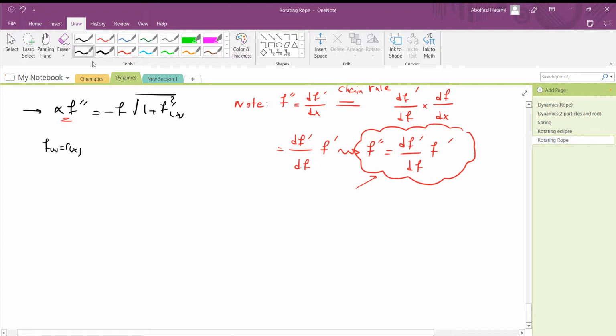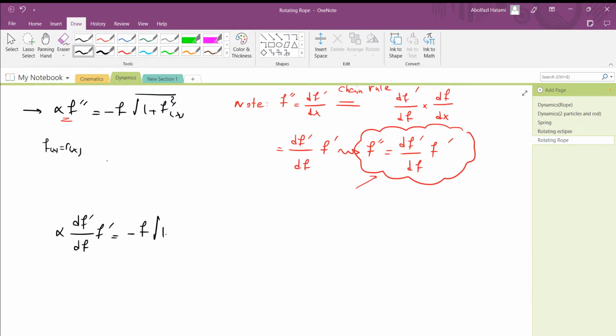From this note, we can substitute f double prime here, and we obtain that alpha df prime over df times f prime is just minus f radical 1 plus f prime squared. Here we obtained a differential equation which we can actually solve.